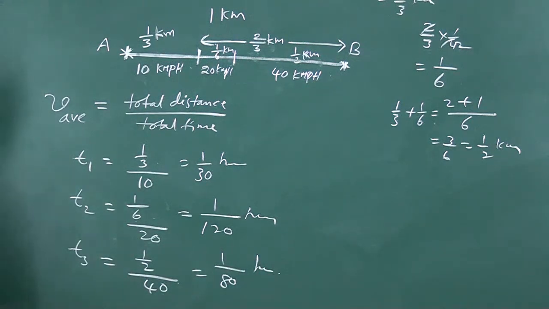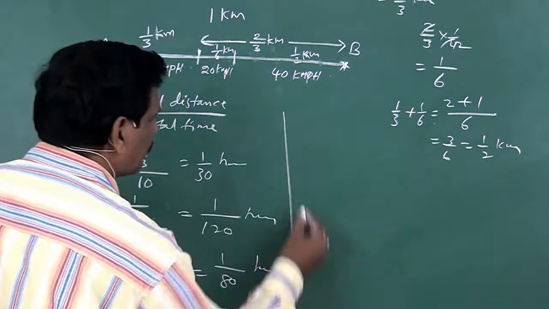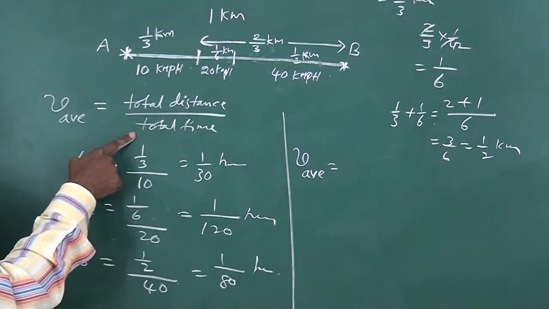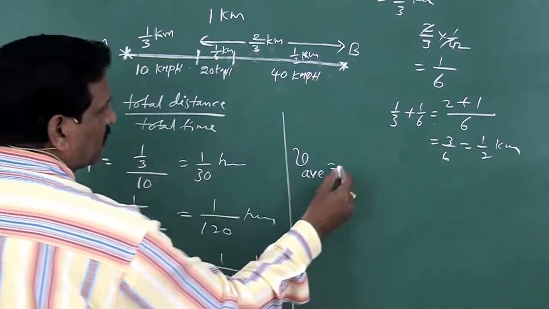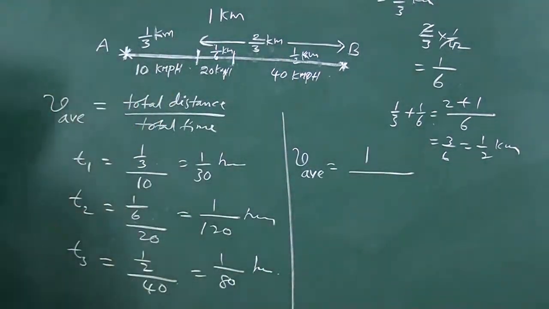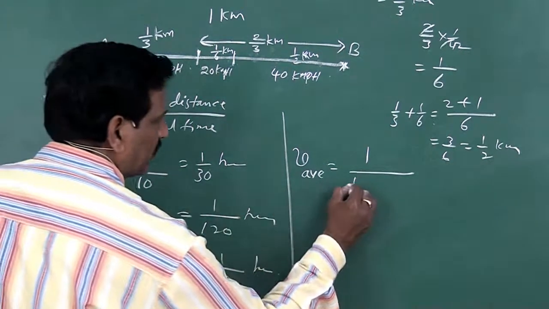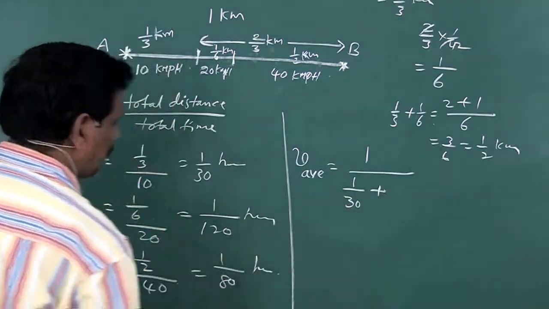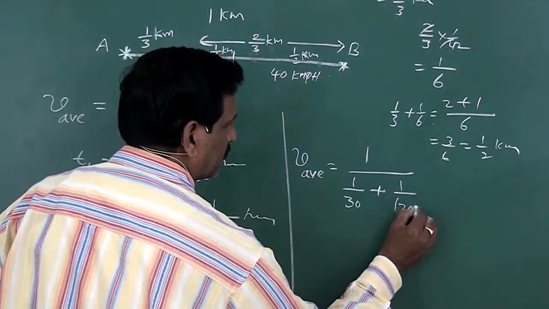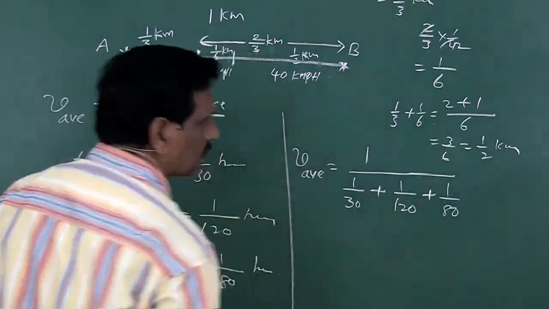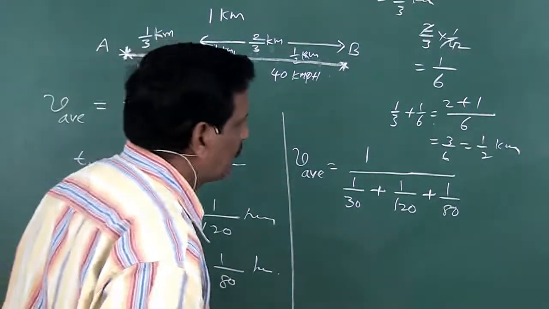So in this way we have calculated the times t1, t2, t3. Then we find the average speed. V average is equal to total distance by total time. Here total distance is assumed to be 1 kilometer. So 1 by t1 plus t2 plus t3, which means 1 by 30 plus 1 by 120 plus 1 by 80. The LCM of 30, 80, 120 is 240. So 8 plus 2 plus 3 gives 13 over 240.